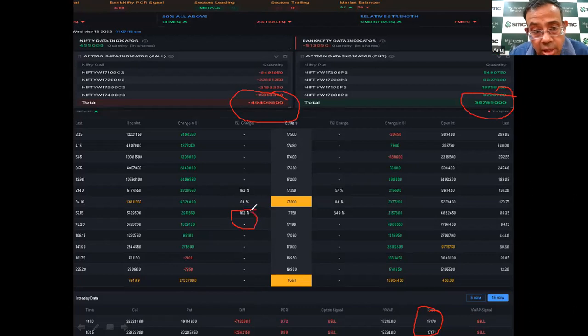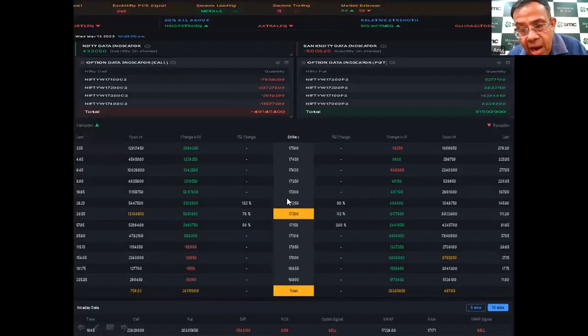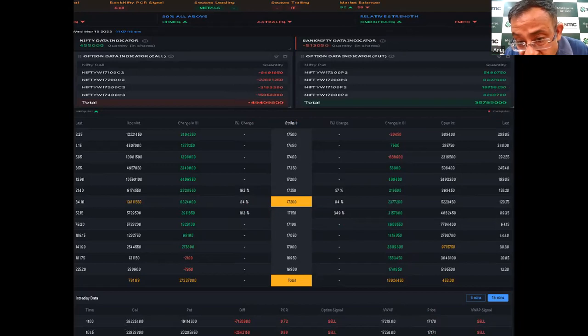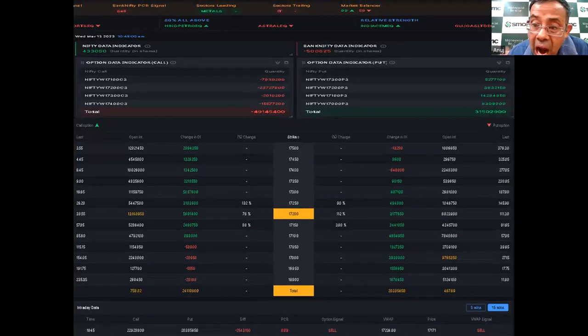The call writing jumped from 88% to 103%, 84%. Now the unwinding happened in put option. In the earlier slide, it was 380 and 1112. Now it is 349 and 84. So call writing happened and put unwinding started happening.